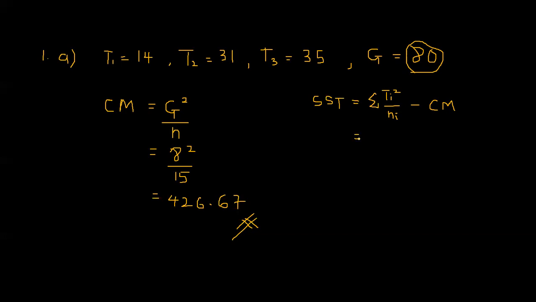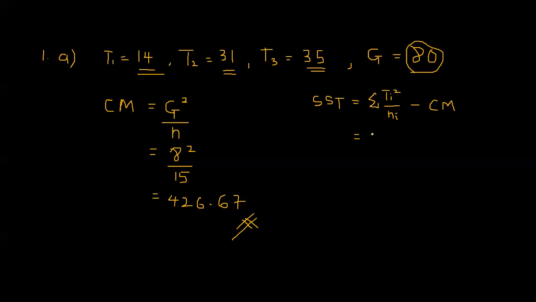Now what are the total values for each treatment? We have 14, 31, and 35. So you take each treatment total and square it.